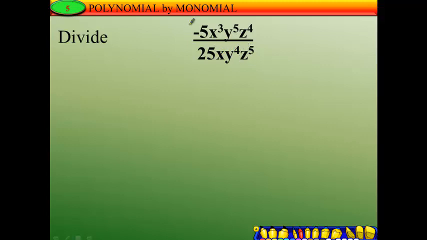First, we have to simplify our coefficients, negative 5 over 25, which is equal to negative 1 over 5. Now x cubed divided by x: when you are dividing, you have to subtract exponents. The exponent of our x here is 1, so x cubed divided by x¹, you keep the base and subtract the exponents. 3 minus 1 is equal to 2. y⁵ divided by y to the fourth power, subtract exponents, so 5 minus 4 will be y raised to 1.